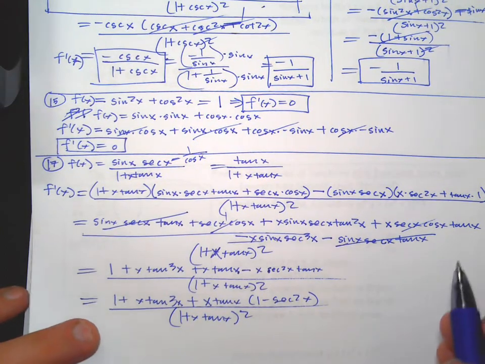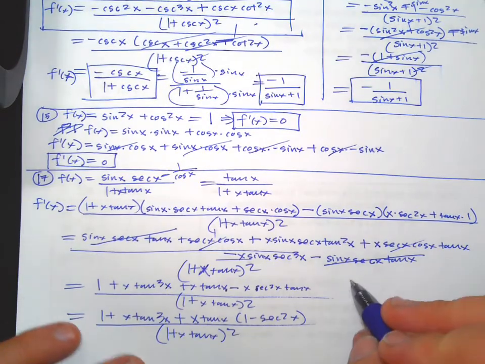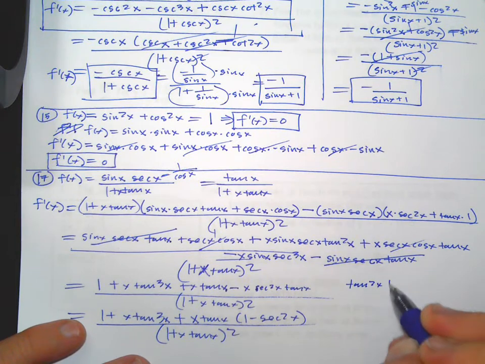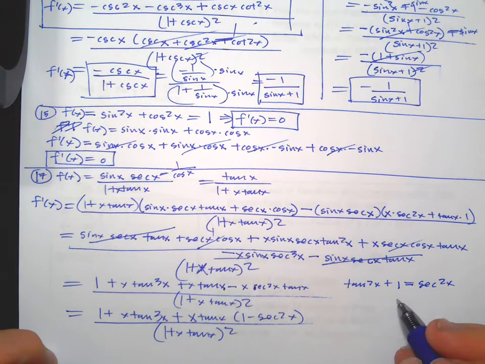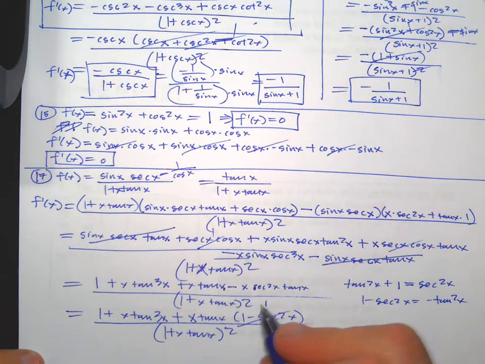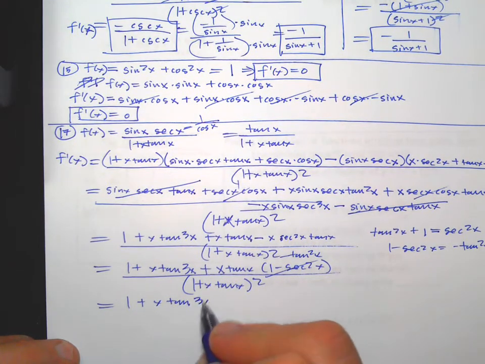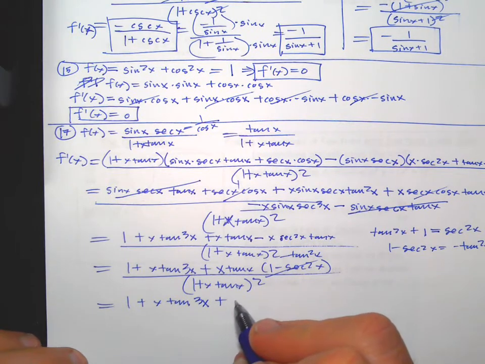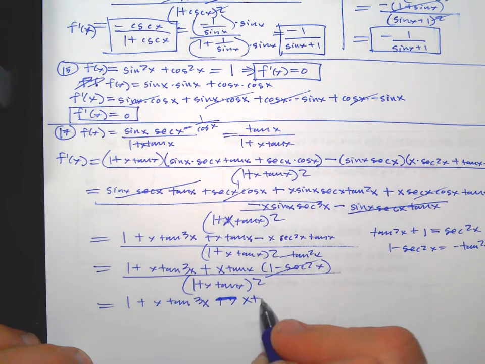One of the Pythagorean identities up here: sine squared plus cosine squared equals 1. If you divide by cosine squared, you'd get tangent squared plus 1 equals secant squared. So then you could say, okay, well, 1 minus secant squared equals negative tangent squared. So we could replace this with negative tangent squared. And that gives you x tangent times that is going to be minus x tangent cubed.